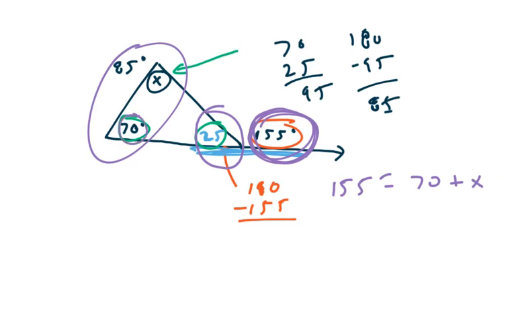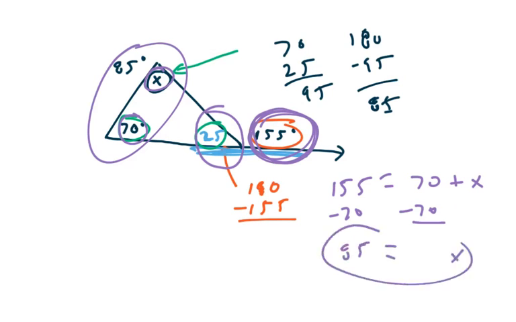The 70 plus the x has to equal the 155, so minusing 70 from both sides, I know that x equals 85. And again, I got the same result in fewer steps.